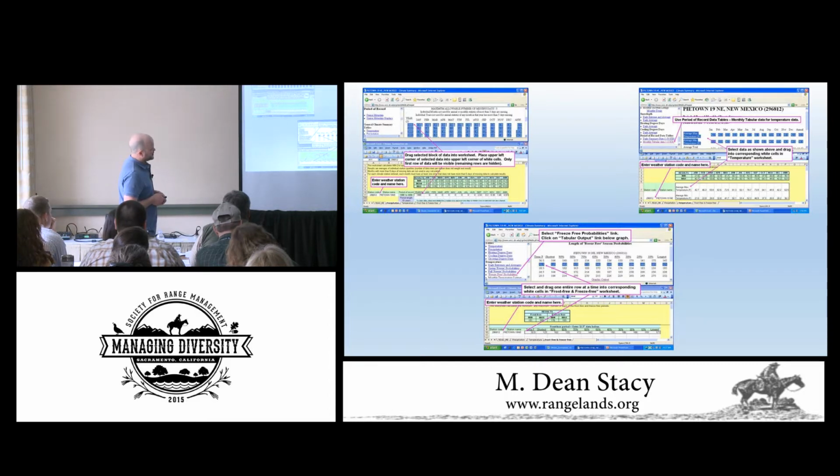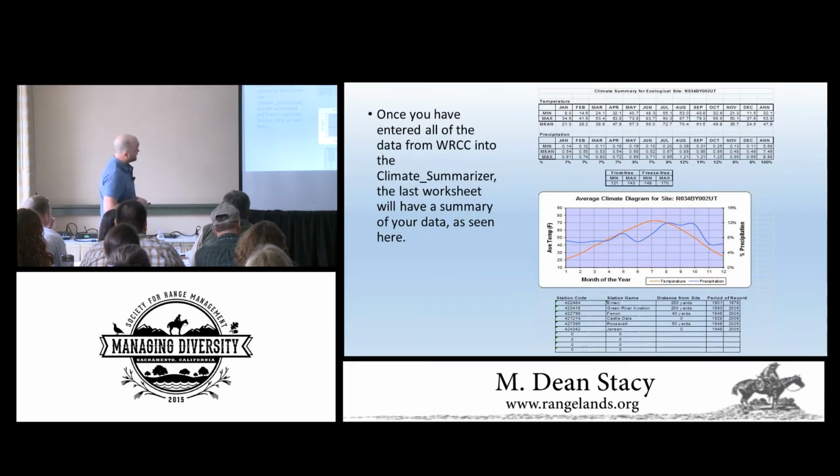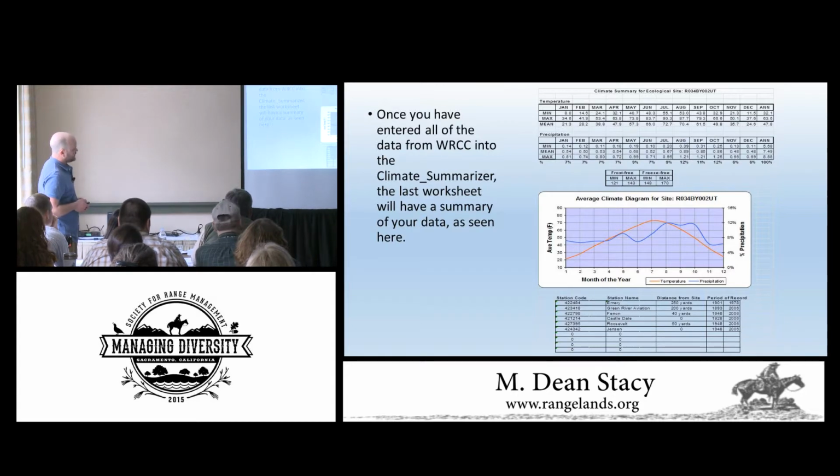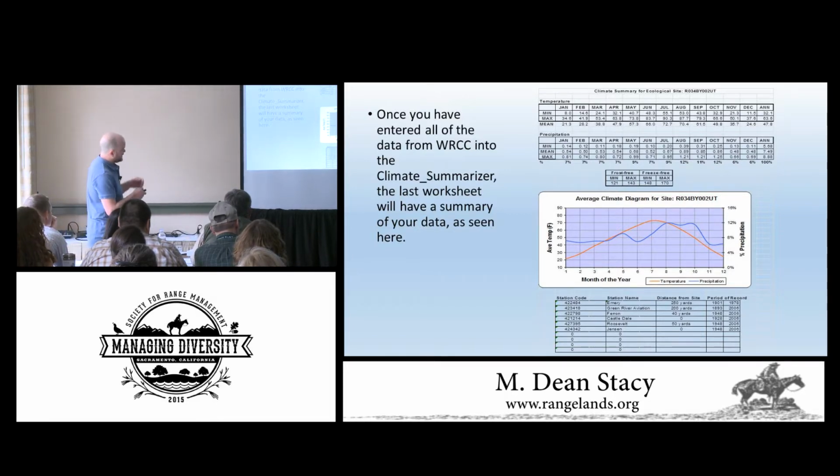And this one is frost-free and freeze-free days. You just simply copy that data, paste it in Excel, and it gives you a printout like this. So you have your ranges of temperature, ranges of precip, and then your frost-free and freeze-free days. And all that data you just manually enter into ESIS.